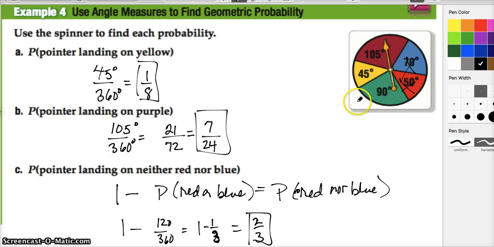You might be asking the question, why do we do that? Couldn't we have just taken 105, added 45, and then added 90 and gotten 240, and 240 over 360? Absolutely. Same thing. I just wanted to talk about a different way to get to the answer.